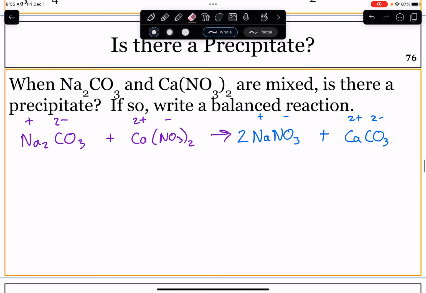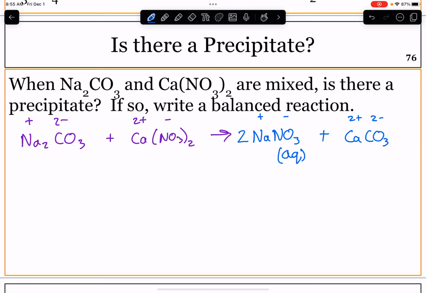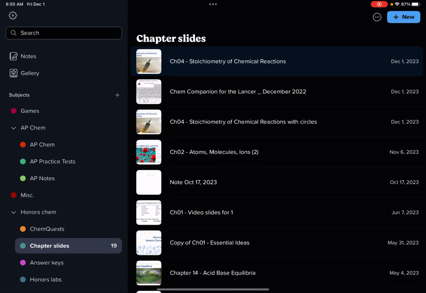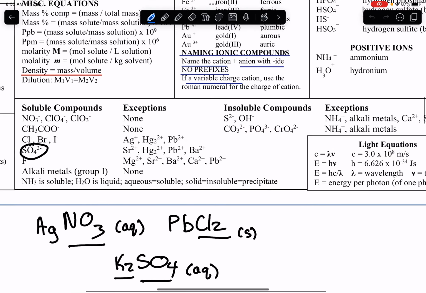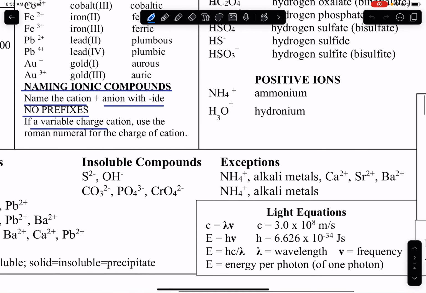Now we have to look at our solubility rules. According to the solubility rules, sodium nitrate is aqueous. Nitrate is always aqueous. It's always soluble with no exceptions. Carbonate, let's look at our periodic table here. Carbonate is actually on the insoluble list, which means most of the time compounds with carbonate are insoluble and solid.